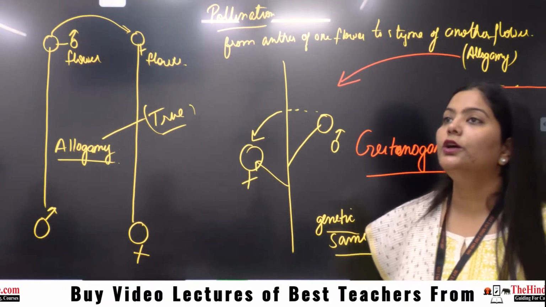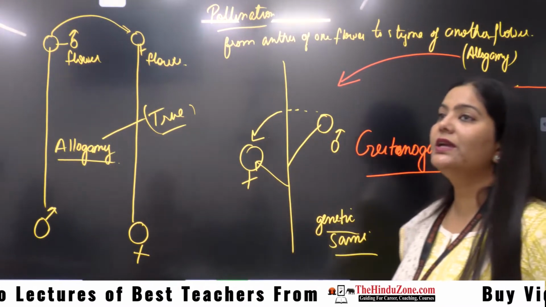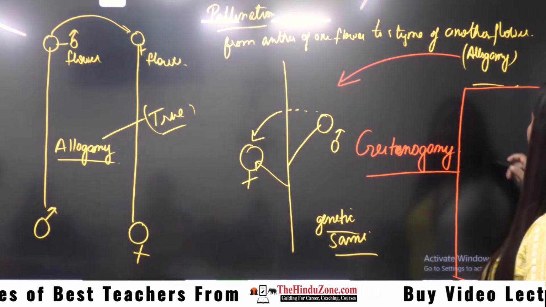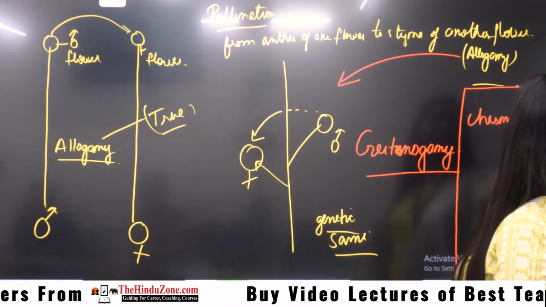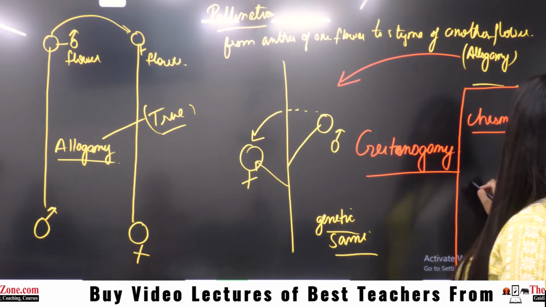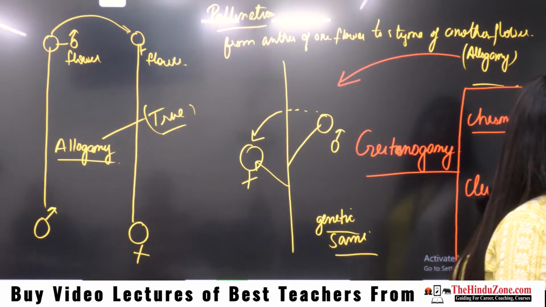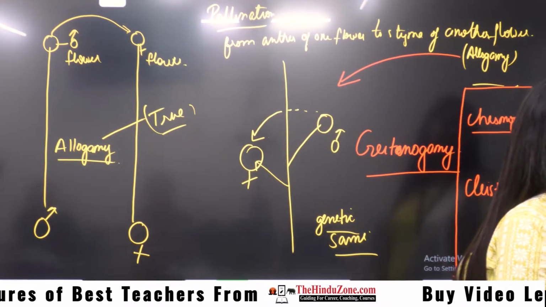They go for two categories of the flowers. One is the chasmogamous and the other is the cleistogamous. So two types of flowers they have.